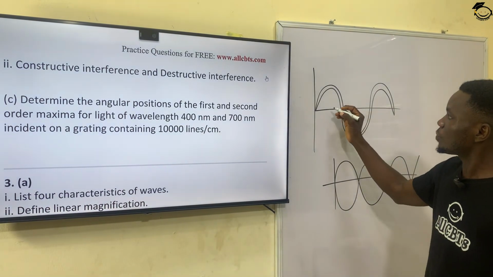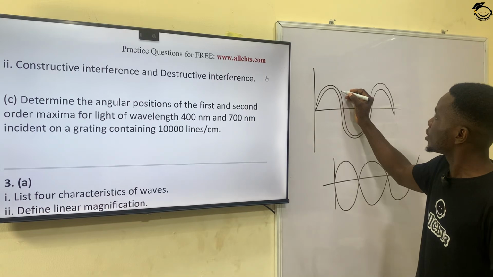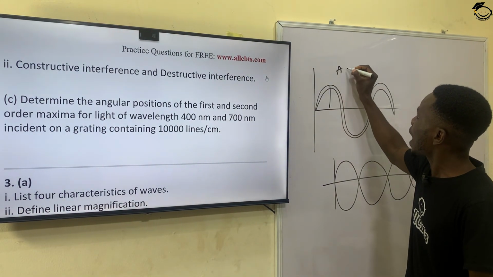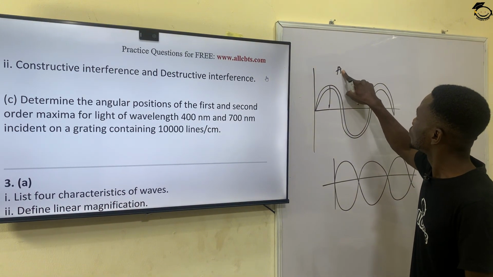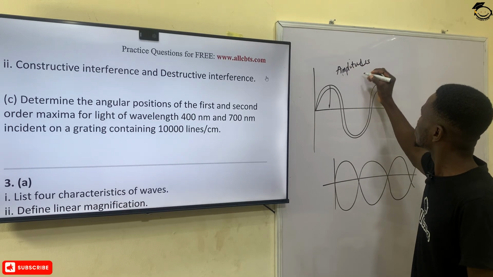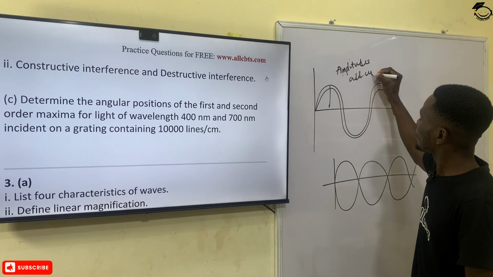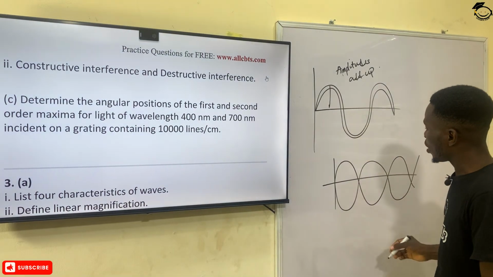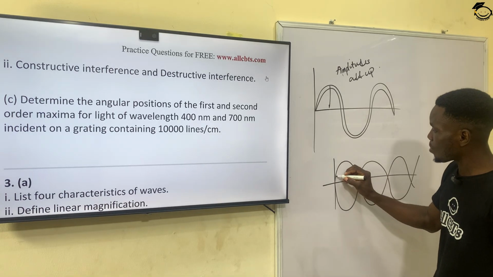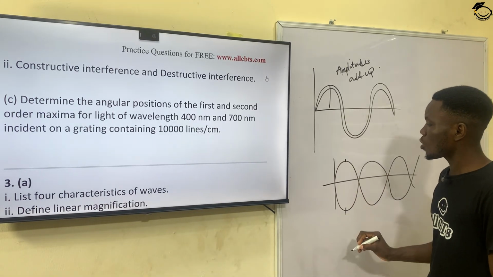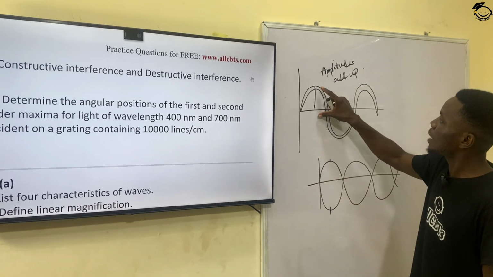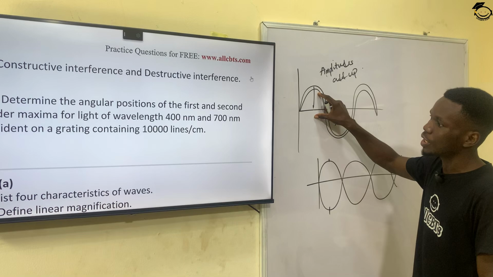So for constructive interference, you realize that the amplitude adds up, because they're moving in the same direction. But for destructive interference, your amplitudes cancel out, because when I'm having a crest here, I'll be having a trough. So they are going to cancel out. So your amplitudes cancel out for destructive, but they add up for constructive interference.